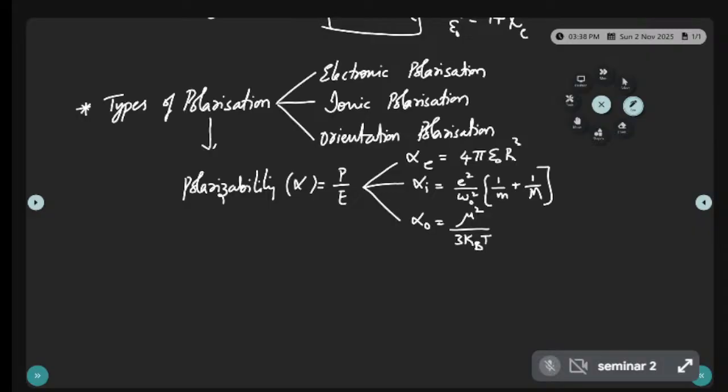Coming to ionic polarizability. What is ionic polarizability? That polarizability that we are going to see in ionic substances. What is an ionic substance? The substance in which an ionic bond is present.